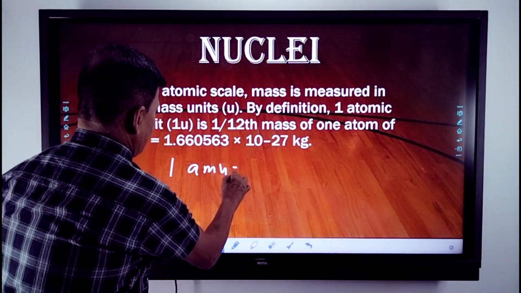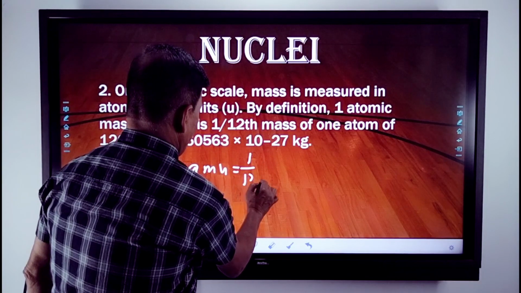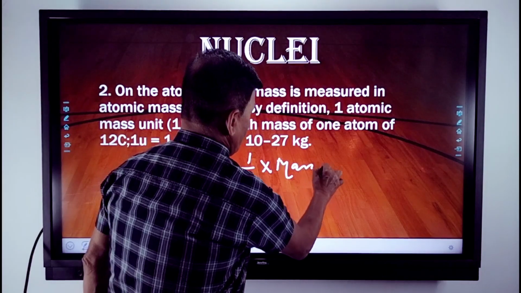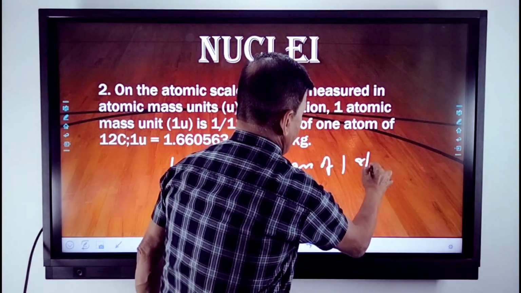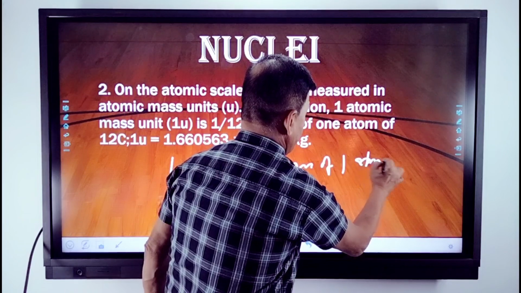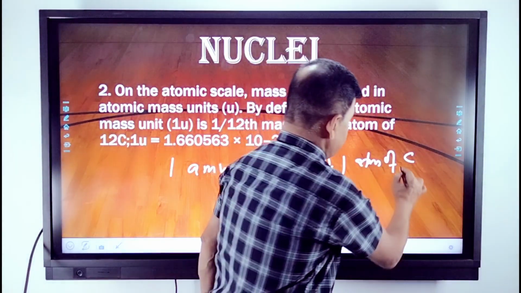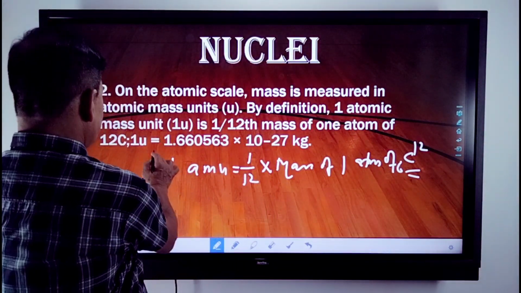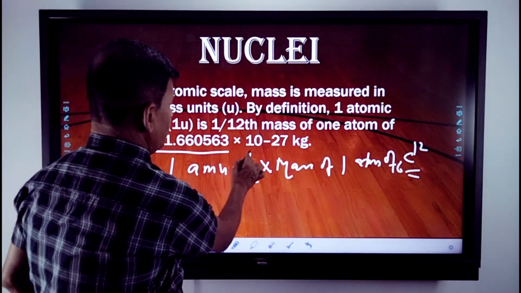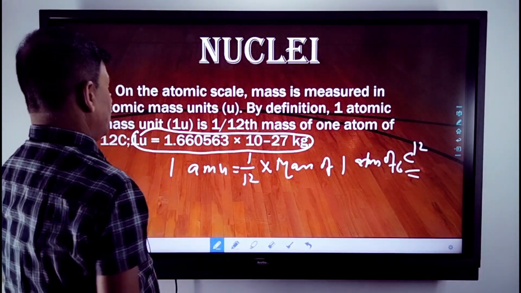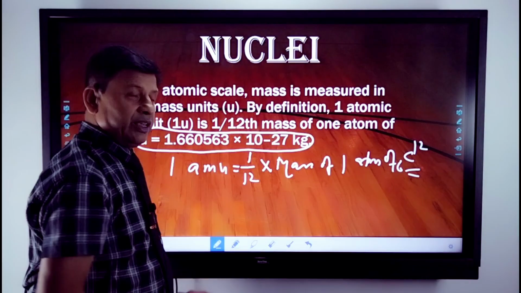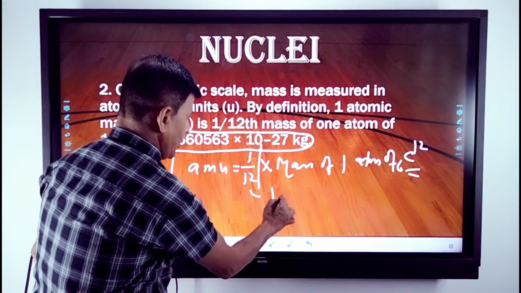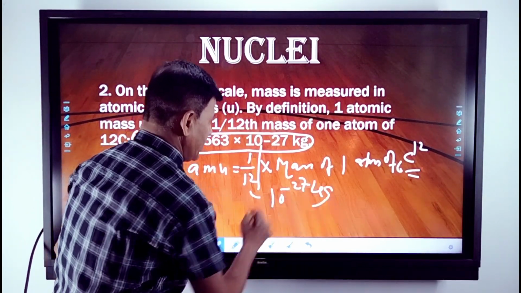One atomic mass unit is equal to 1 by 12 into the mass of one atom of carbon. And this comes out to be 1.660563 into 10 to the power minus 27 kg, right?